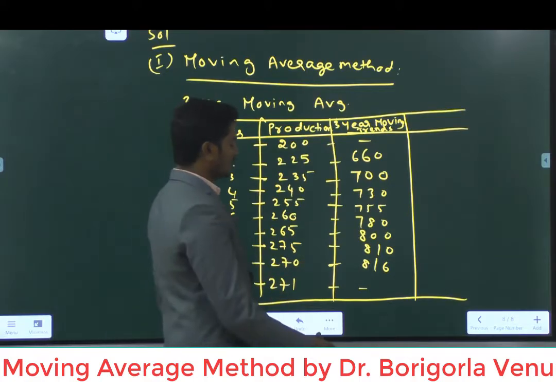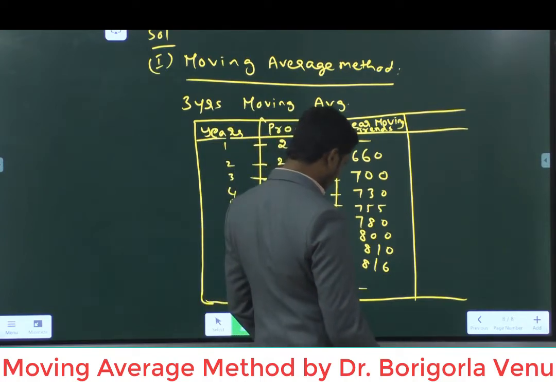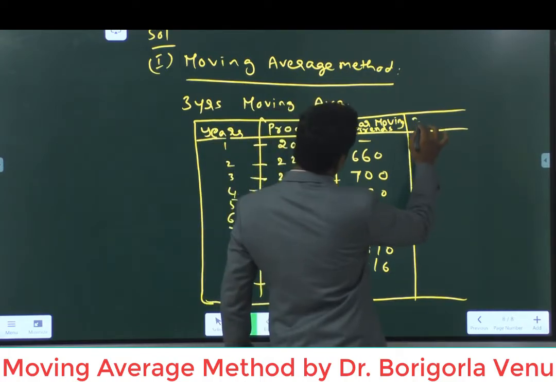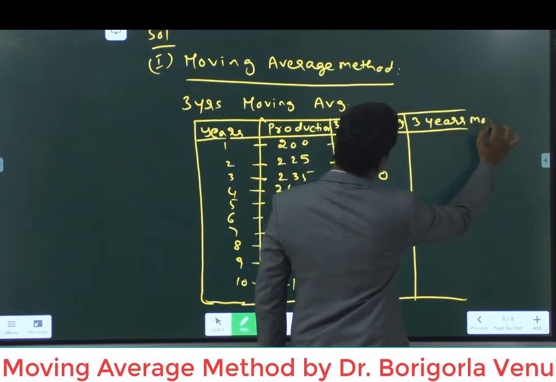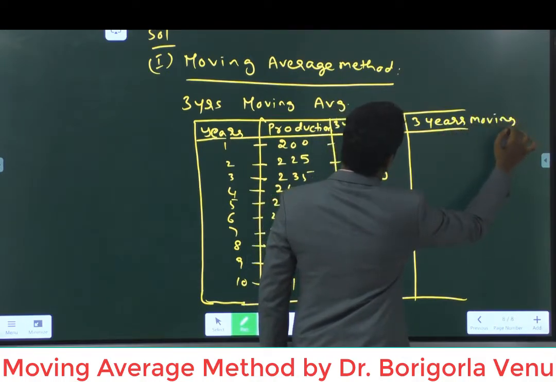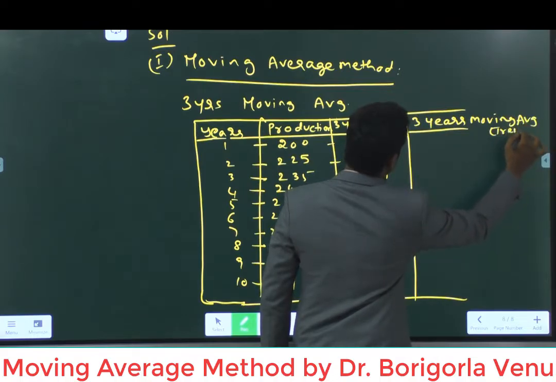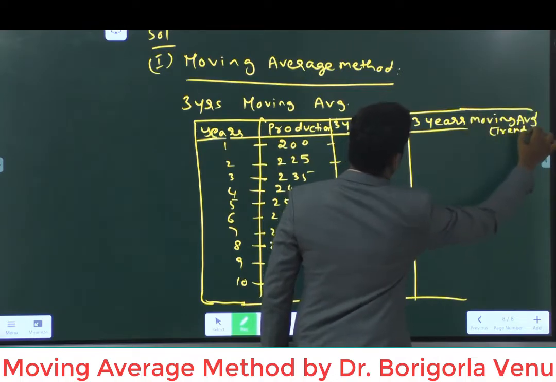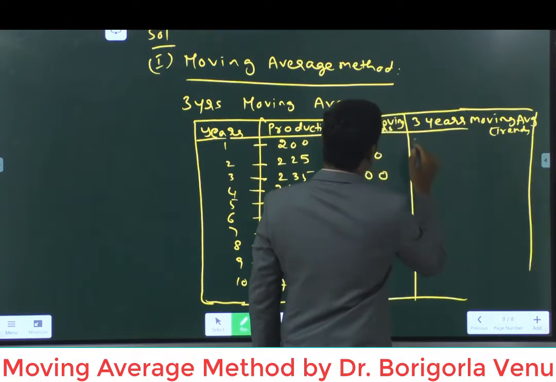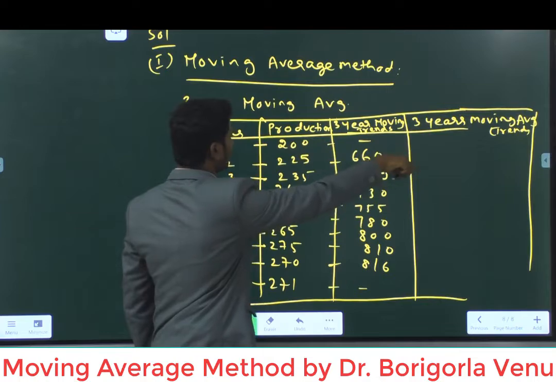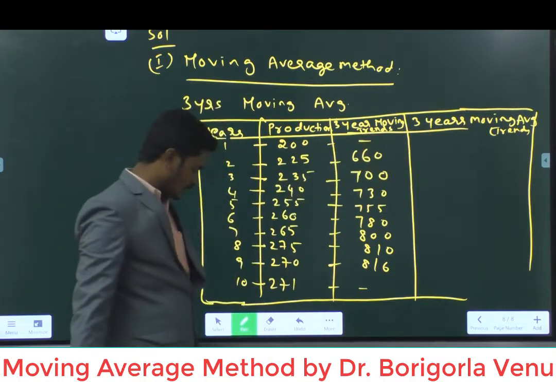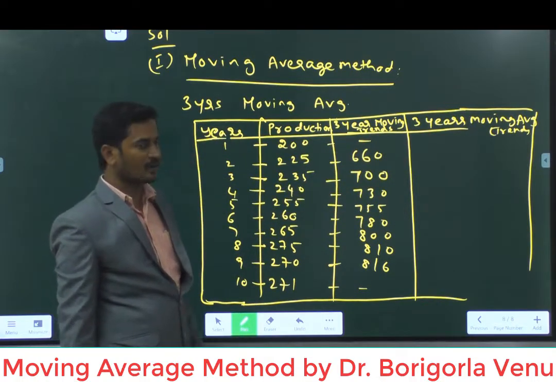Okay, next we are going to take the 3 years moving average. That is, 3 years moving average trends we are considering here. First, we are taking the sum of the 3 years total by the number of years.